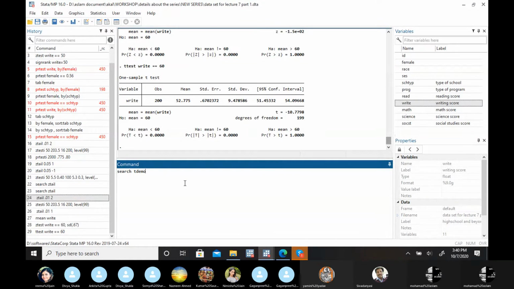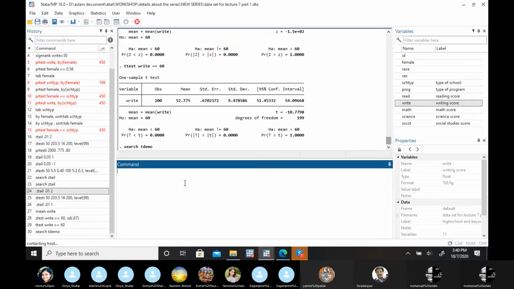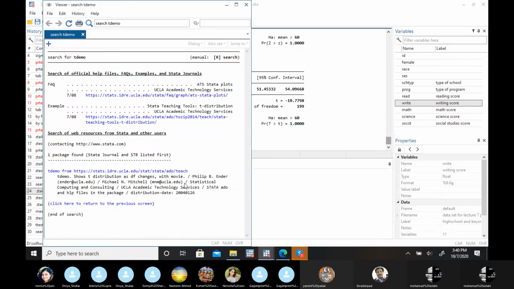I'm just trying to show you how you can find the critical values for the t test. Earlier we did it with the z test. If you need critical values for the t test, then you need this particular package. So type search t demo, enter. Here is the package.